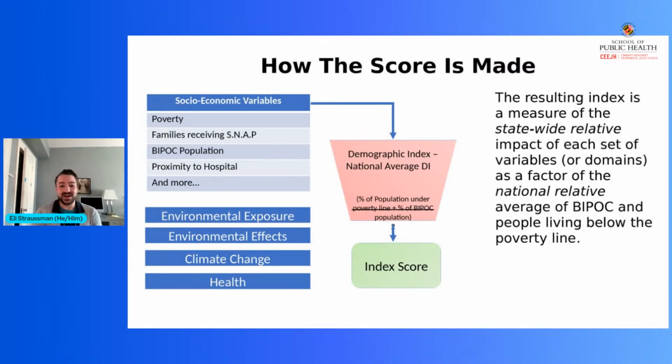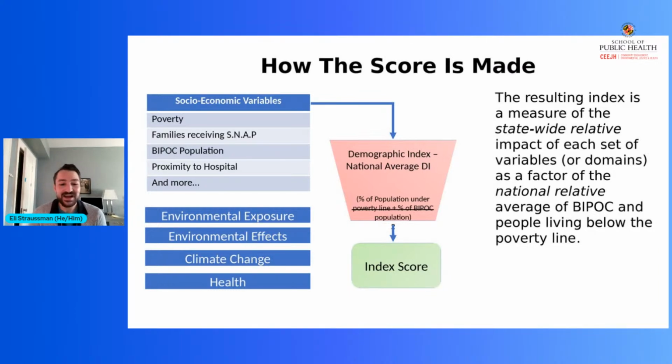a very straightforward way to determine the relative disadvantage of a community. It is literally take the percentage of the population that is below the poverty line and the percentage of individuals who are BIPOC, and you divide it by two.